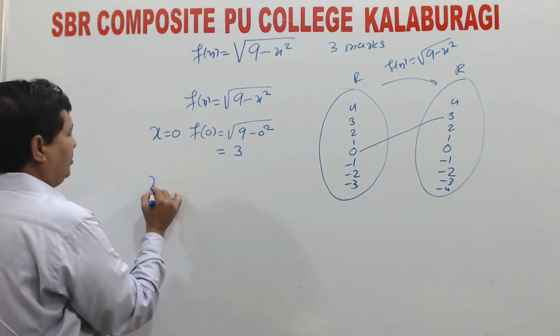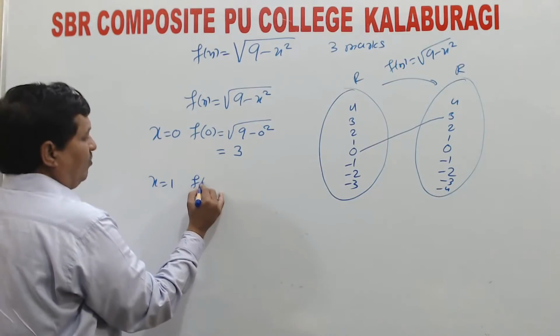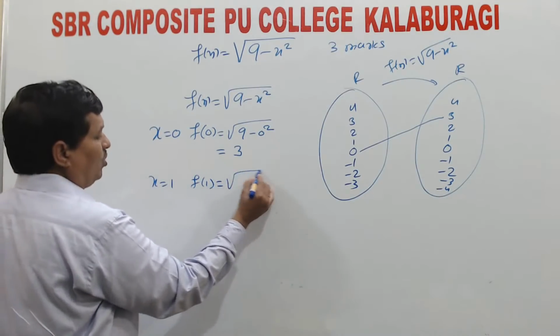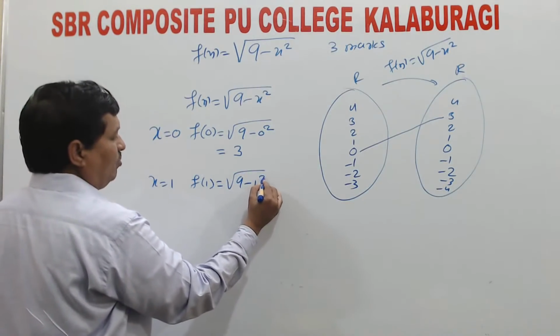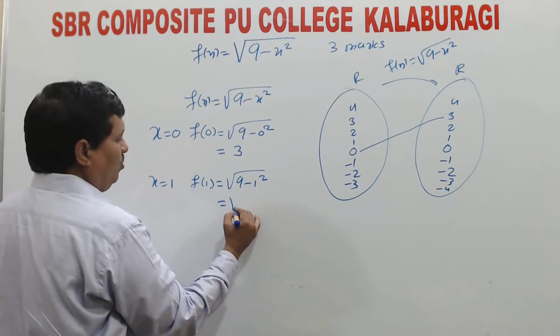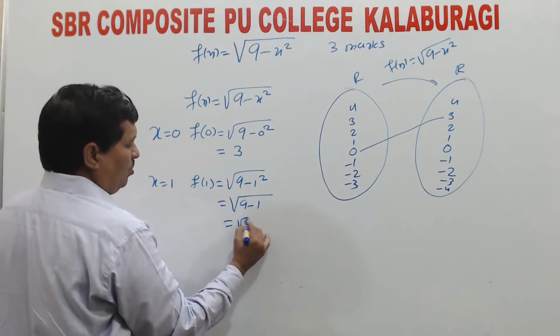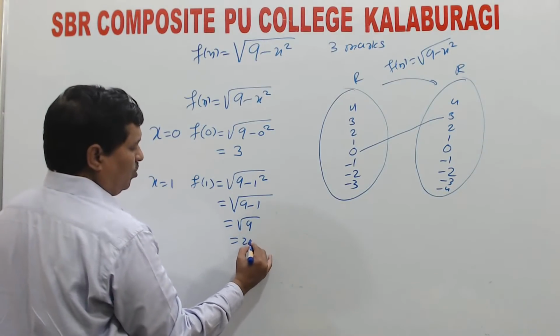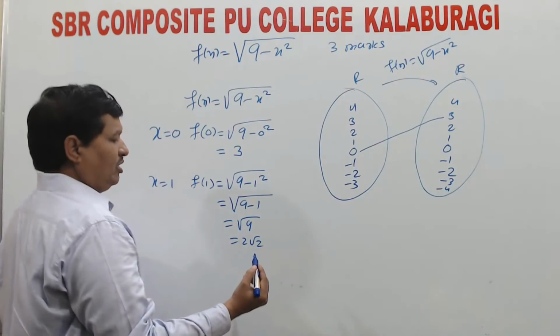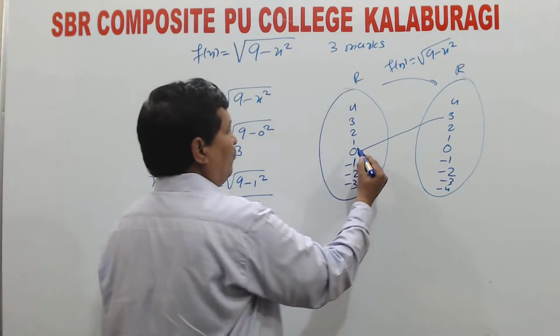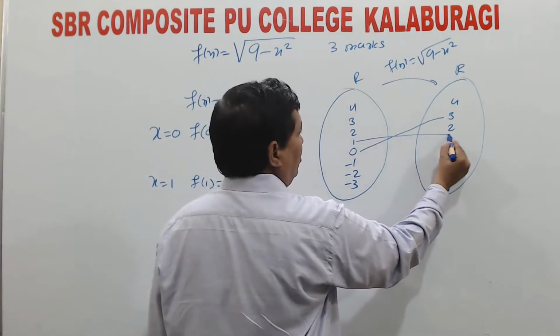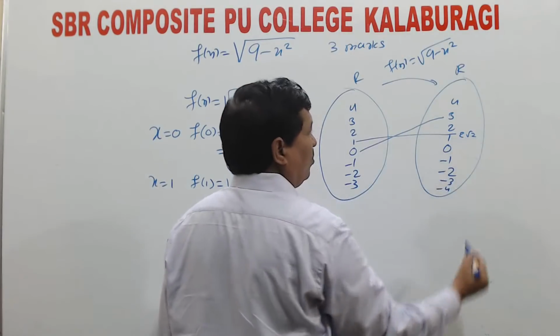Therefore, 0 is related with 3. Now, X equal to 1. F of 1 equal to root of 9 minus 1 square, equal to root of 9 minus 1, equal to root 8, equal to 2 root 2. 2 root 2 is also one real number. Therefore, 1 is related with 2 root 2.